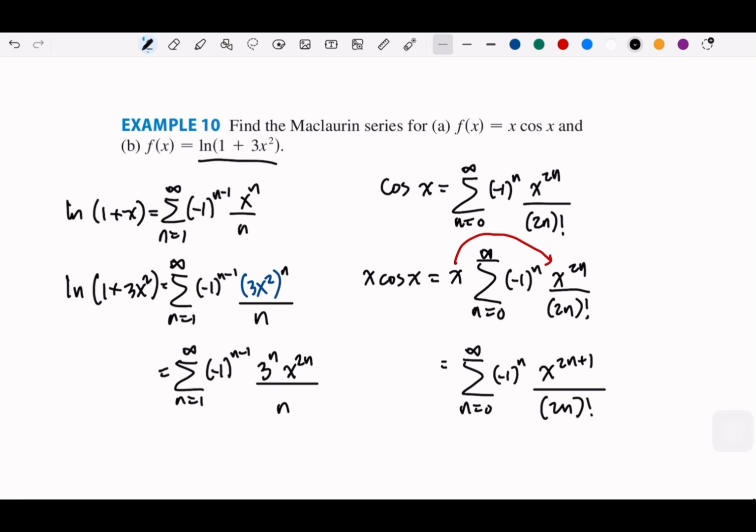So instead of doing that, I think the best way to approach this is we can take the cosine x because we know the cosine x is the series. Then we need to multiply this with x, which we can get this. Okay. The same thing with this. We know the ln 1 plus x, the reference. What we can do is exchange the x with 3x squared. We get the ln 1 plus 3x squared. Okay.